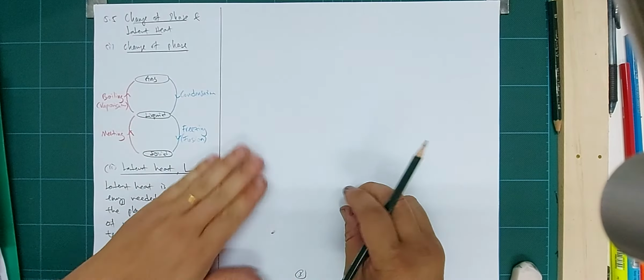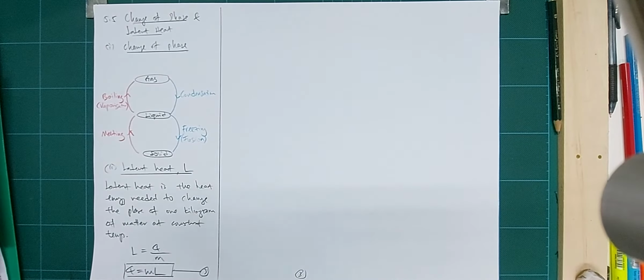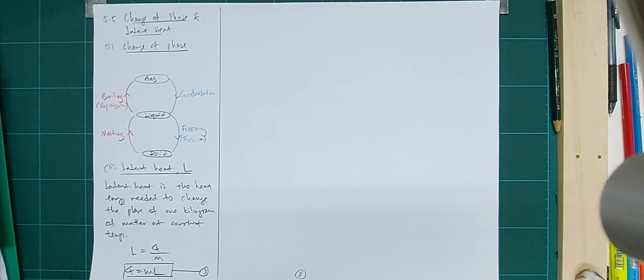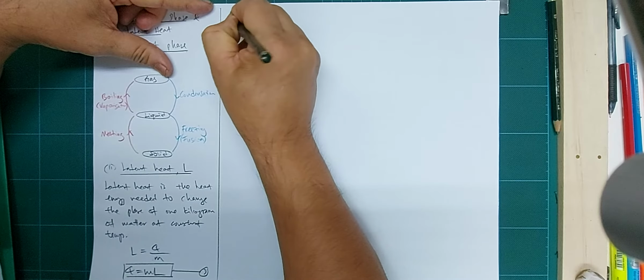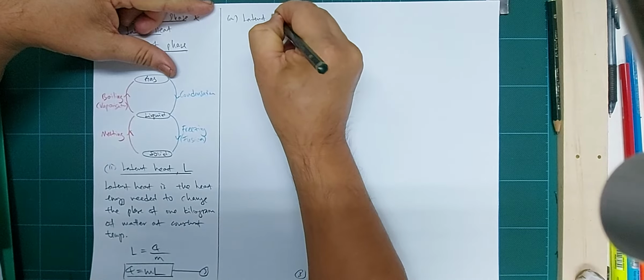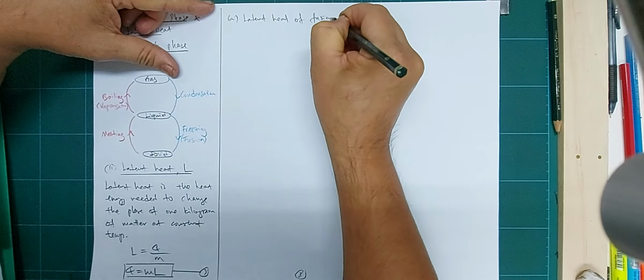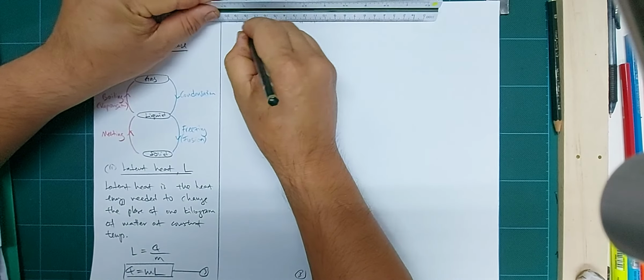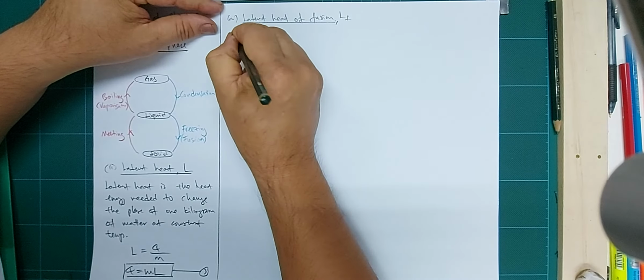But we have two types of latent heat. Number 1 is latent heat of fusion, and the symbol we use is LF. What is this latent heat of fusion?